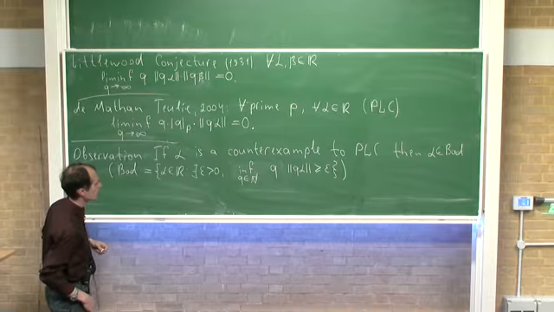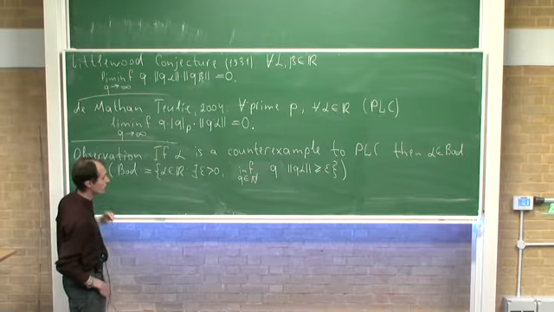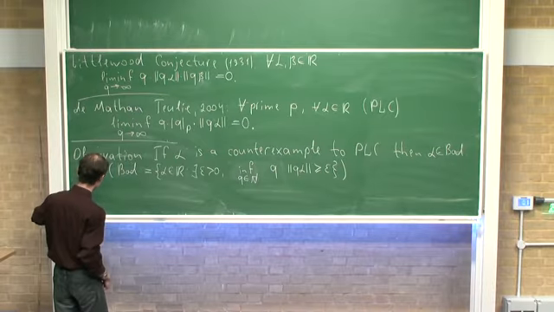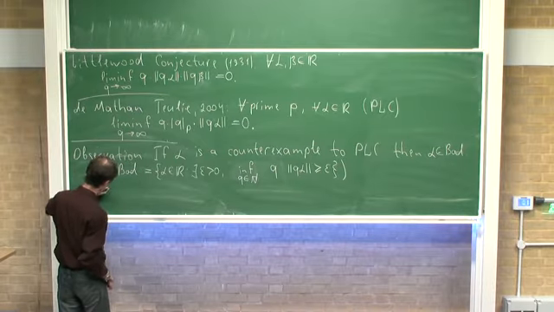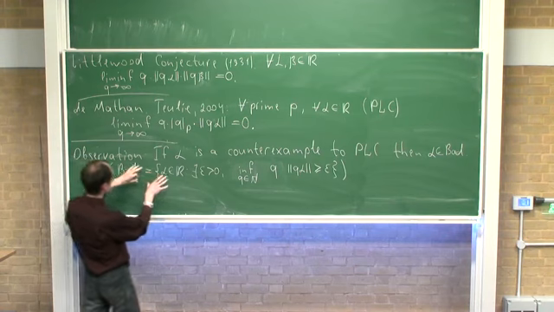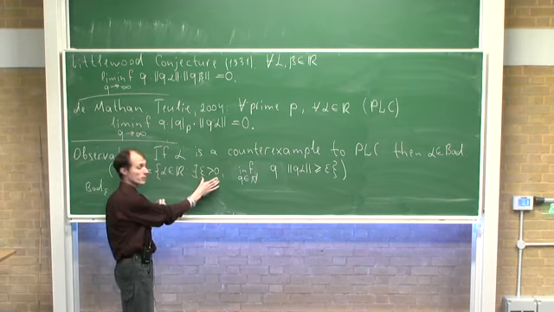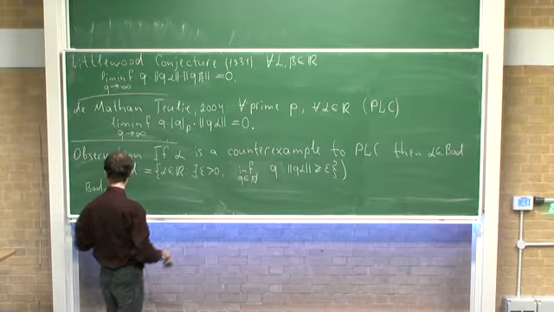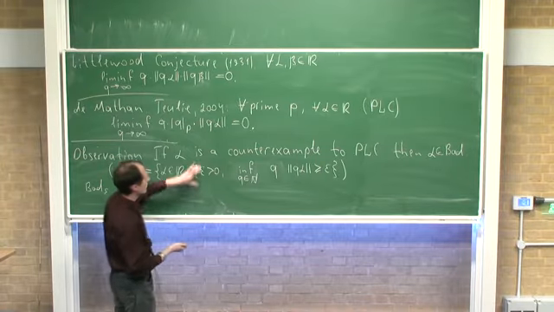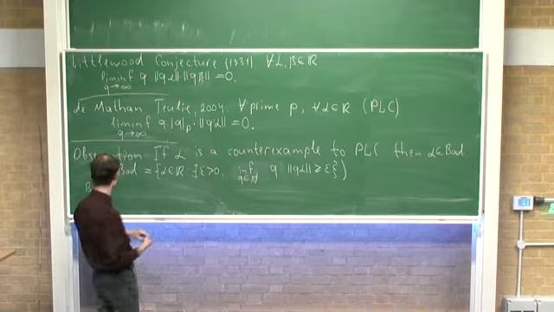Let me also define one more set related to this, which I usually call Bad epsilon. So Bad is the set of alpha such that some epsilon exists, but Bad epsilon is the same set where this epsilon is fixed.